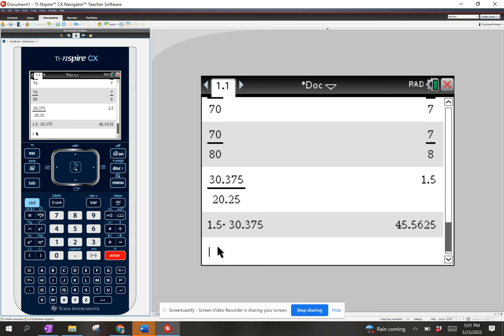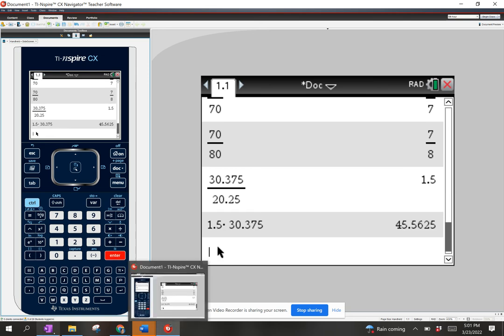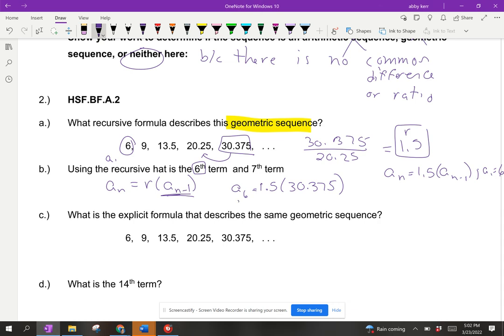So that's going to get us 45.5625. Now to get the 7th term, you do the exact same thing.